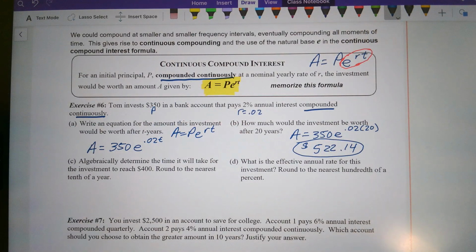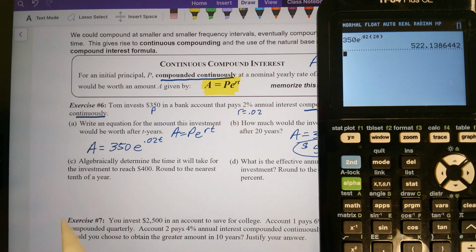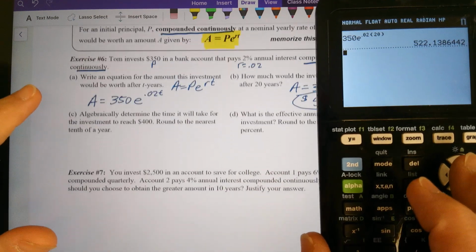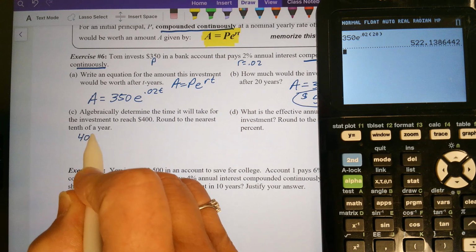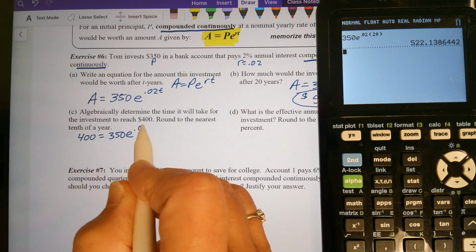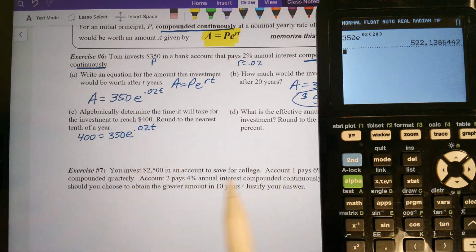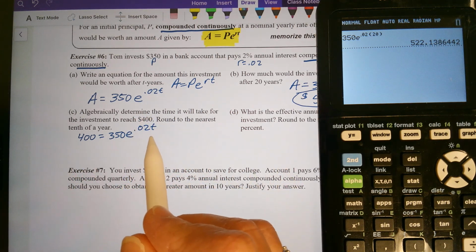Algebraically determine the time it will take for the investment to reach $400. Okay. 400 is equal to 350 e to the 0.02t. We want to get t, our variable we're solving for, which is part of an exponent.